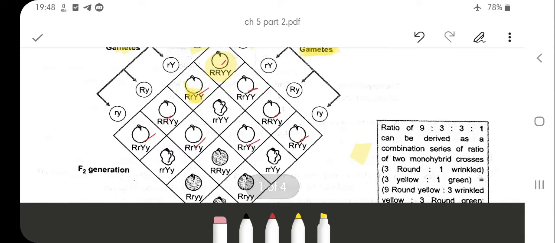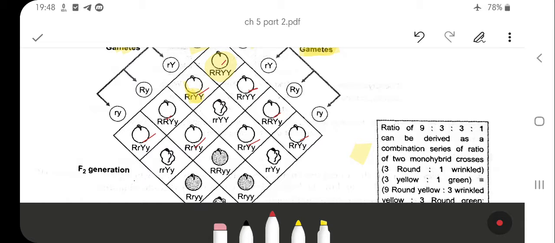Why? Because they are having 1 capital R and 1 capital Y, and round and yellow with a capital letter means they are dominant. So we are having 9 round yellow. Now next we will have the round green. So we have to search out the round green.